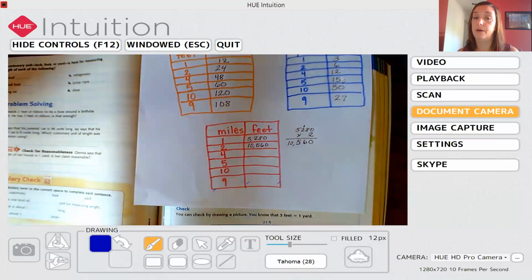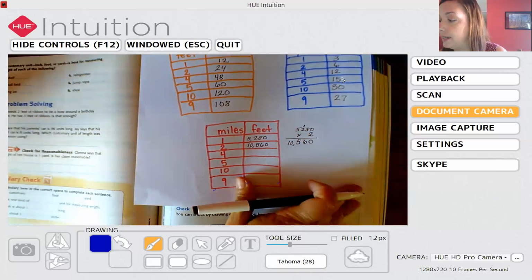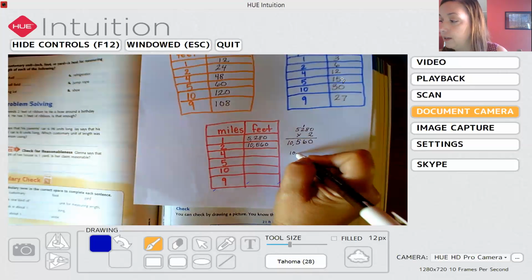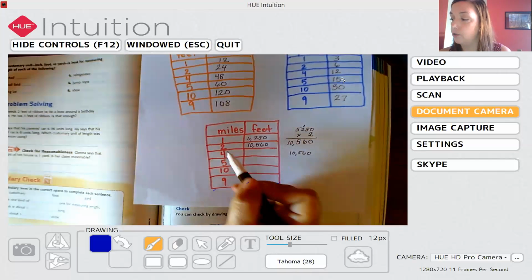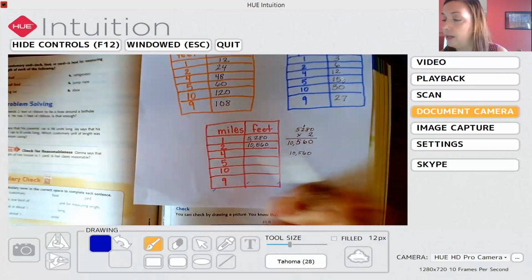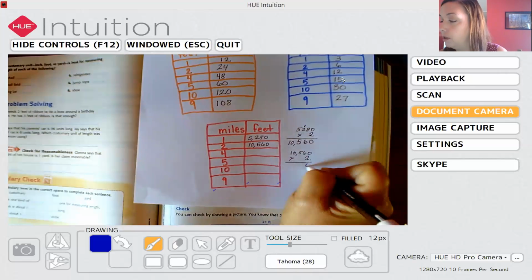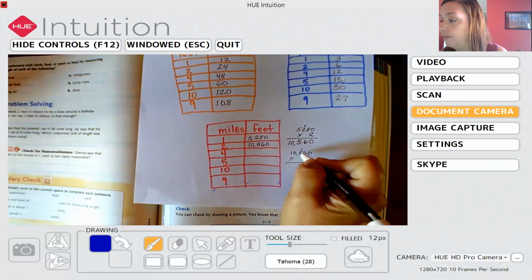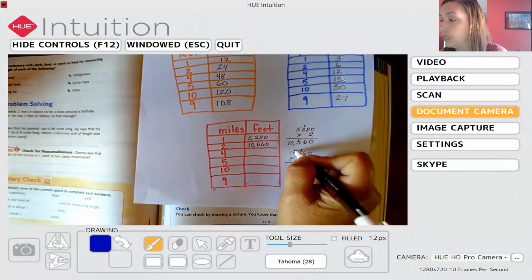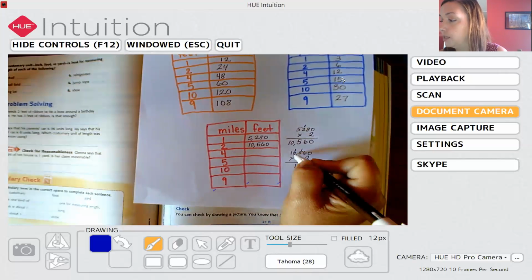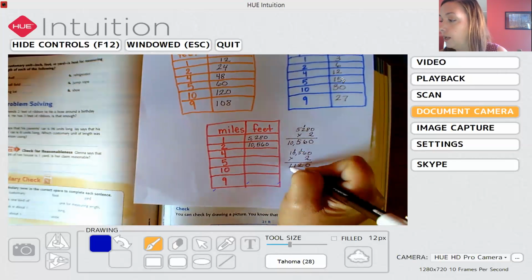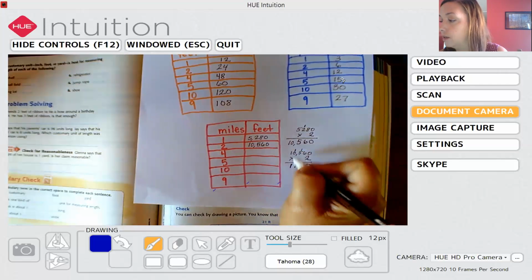Now, if I double that amount again, 10,560, I'm doubling the amount of miles to 4, so I double the amount of feet. That gives me 0 times 2 is 0, 2 times 6 is 12, 2 times 5 is 10, plus 1 more is 11, 2 times 0 is 0, plus 1 is 1, and 2 times 1 is 2.